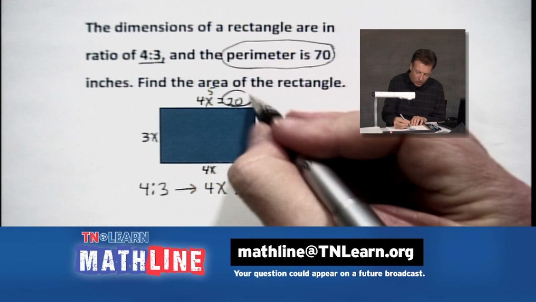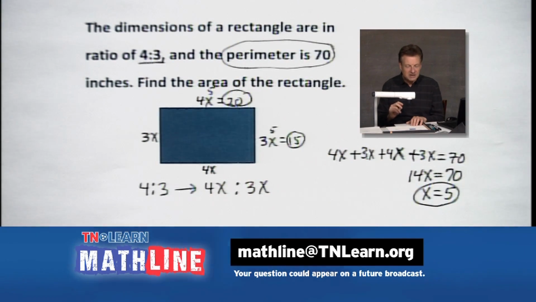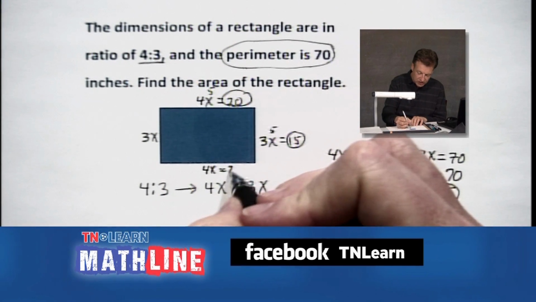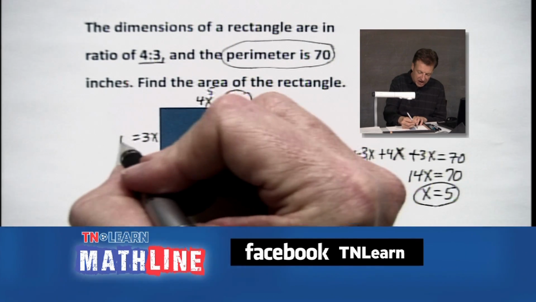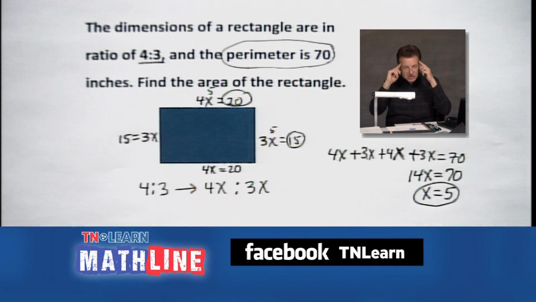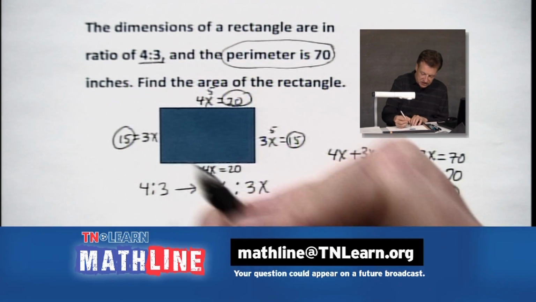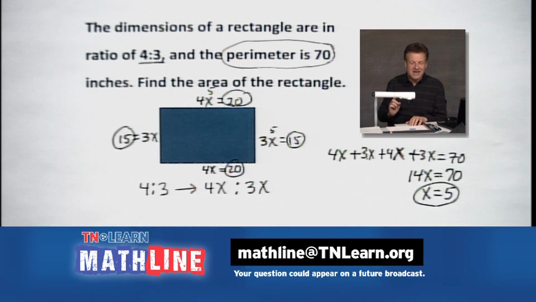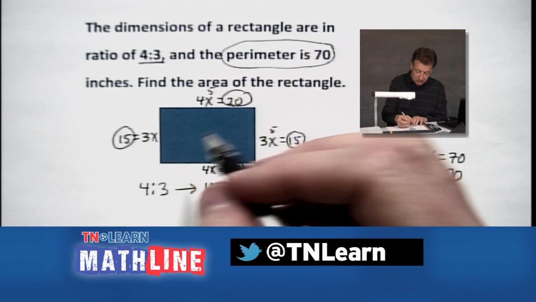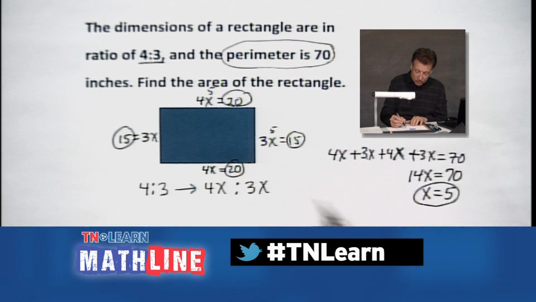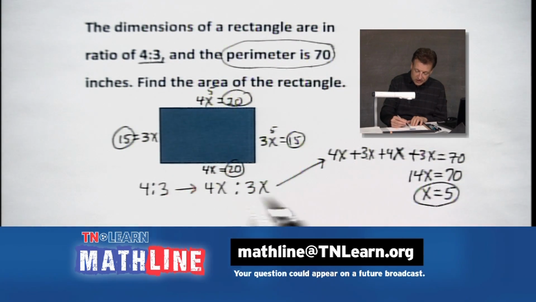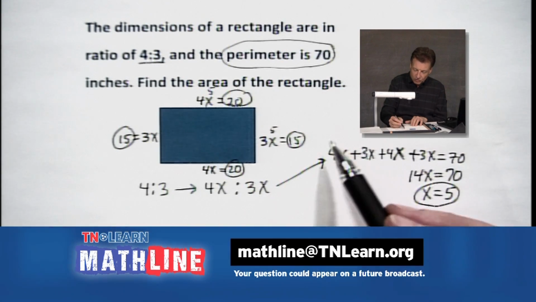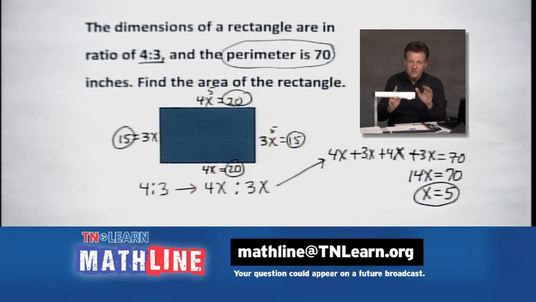And now, before we go to the next piece of the problem, this is going to give us 20 also, and back here we get 15. I want to check first whether these 4 numbers add up to 70 before I do the multiplication to get to the area, because I've done a lot of stuff here. We picked 4x and 3x, decided we needed to add all 4 sides together, and got this number 5.